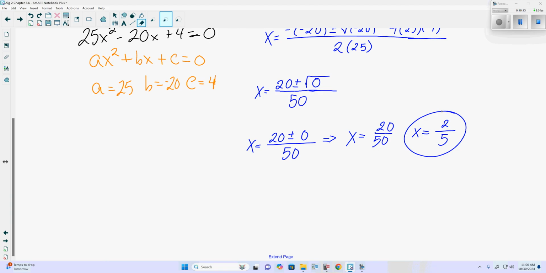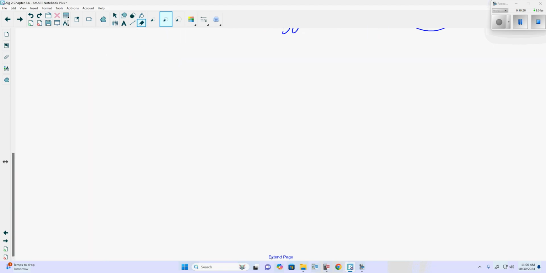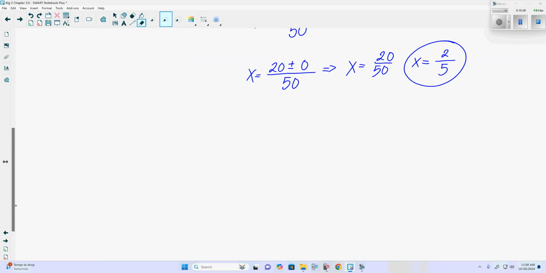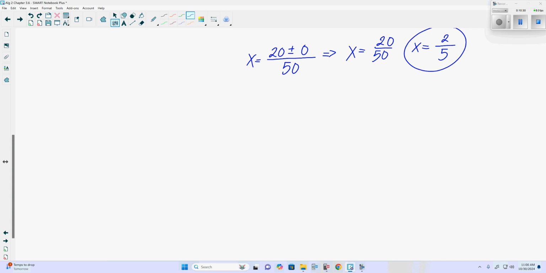So we do technically still have two solutions. One of them is 2/5 and the other is 2/5, because with our plus or minus 0, we normally just drop it. But let's scroll back up here. What we're saying is x is equal to 20 plus 0 over 50, which is just 20 over 50, which is 2/5.